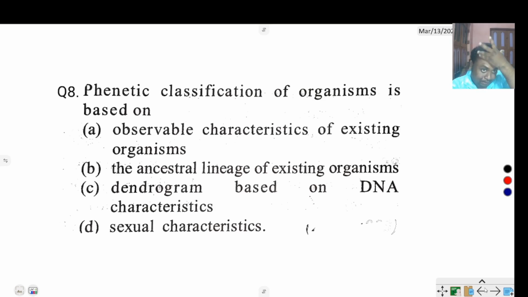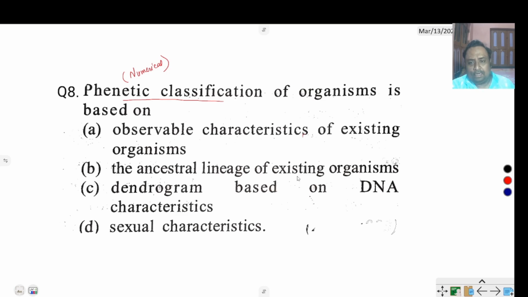Next question is phenetic classification. Phenetic classification of organism is based on observable character of existing organism. Phenetics means phenetic or numerical taxonomy, that represent the visible characters of an organism.